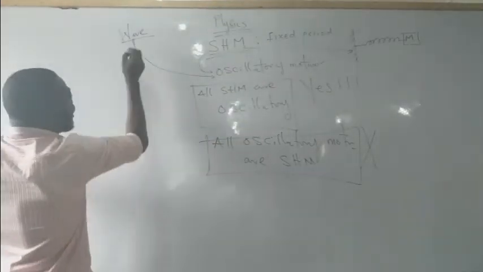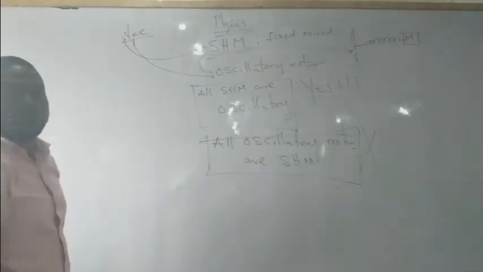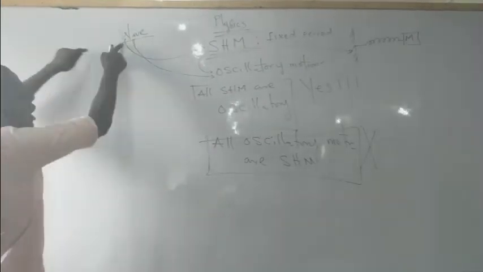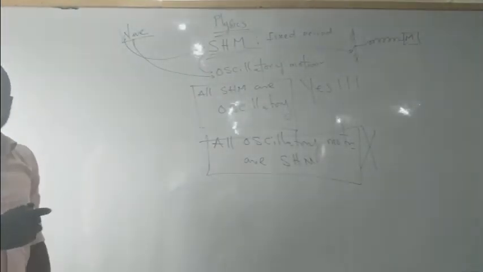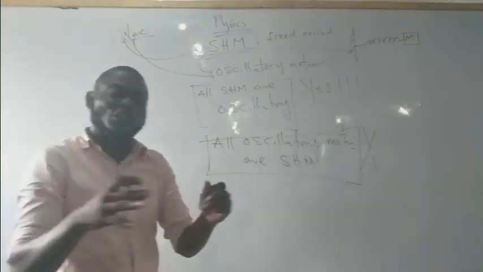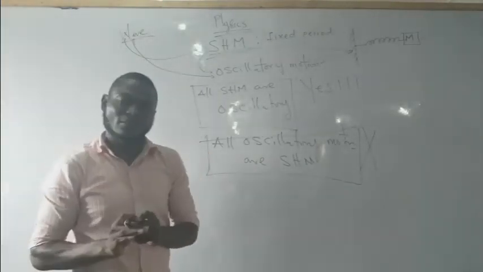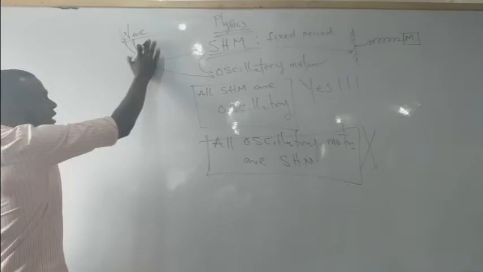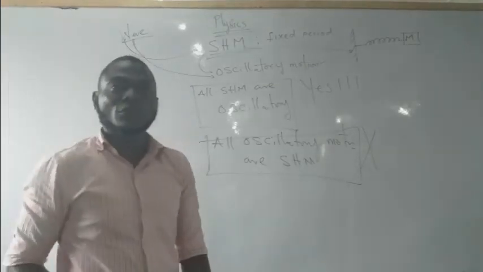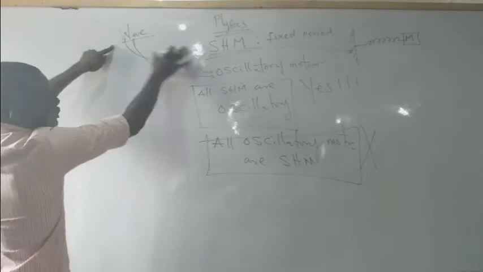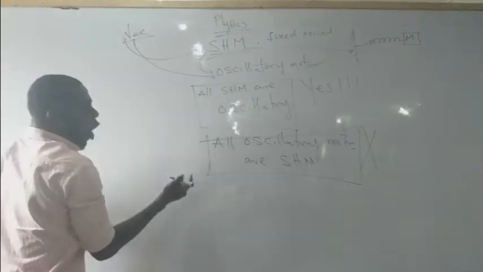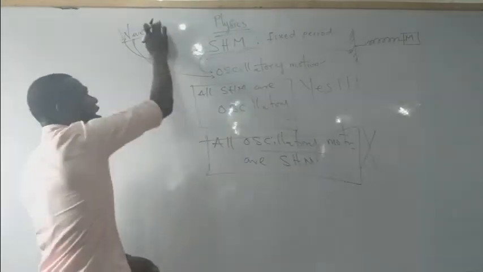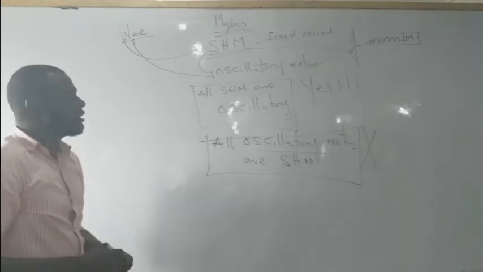But still, wave is not regarded as simple harmonic motion. Because when we talk about wave, we talk about transferring of disturbance, but the medium itself does not travel. So an example of oscillatory motion that is not simple harmonic motion is wave. Take note of that.